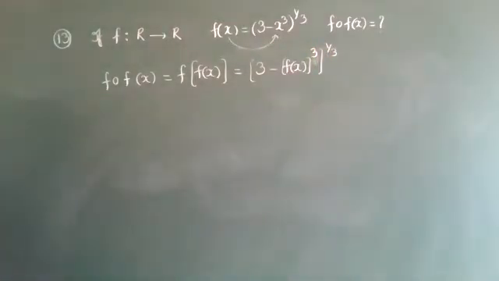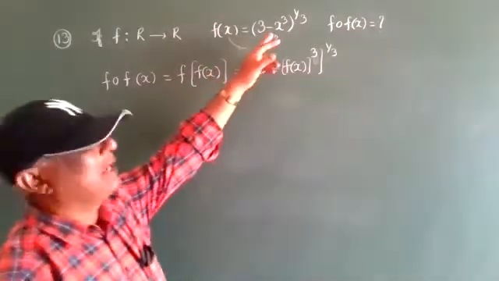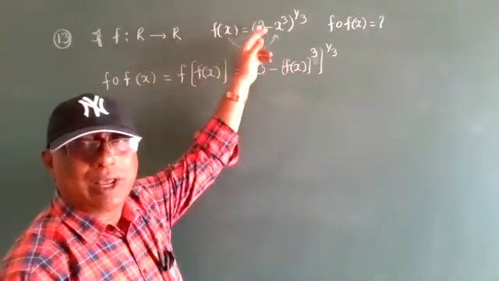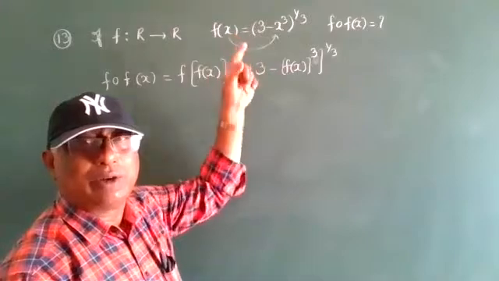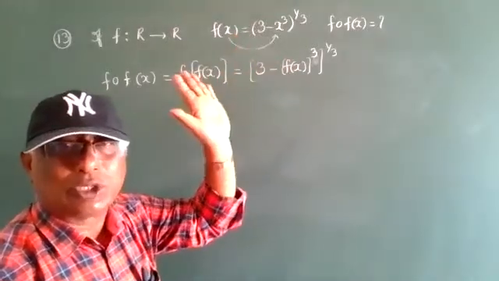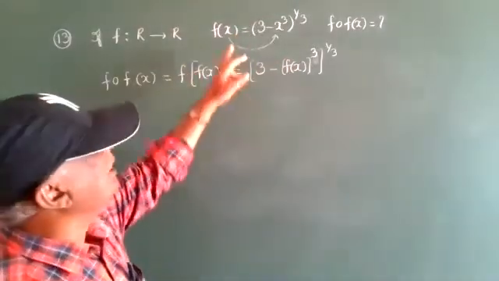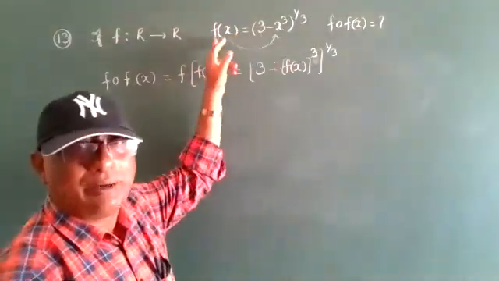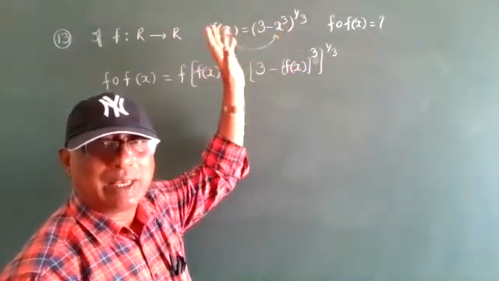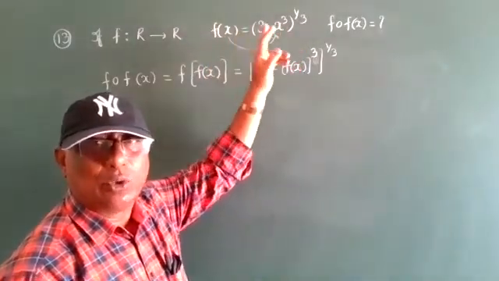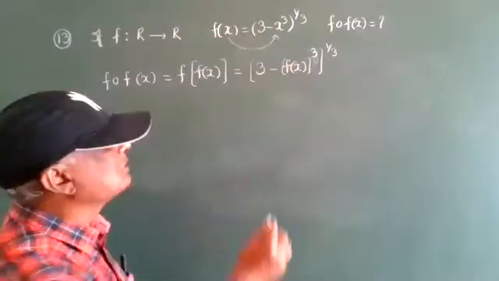Okay? So what is the value of f of x cube? The f of x cube value is 3 minus x cube. From here, cubing on both sides, the 1 by 3 will be cancelled, so f of x cube is 3 minus x cube.